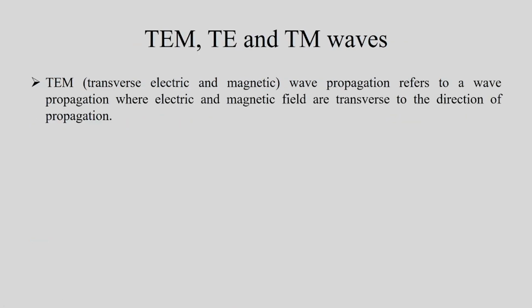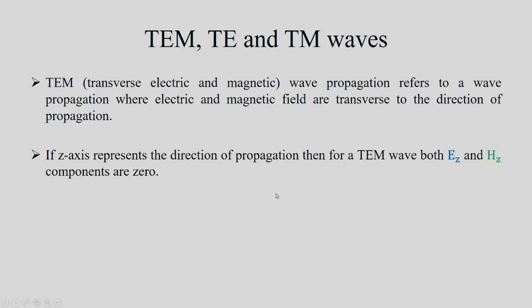Now, TEM or transverse electromagnetic wave refers to a wave propagation where electric and magnetic fields are transverse to the direction of propagation. For example, if you consider z axis representing the direction of propagation, then for a TEM wave, both Ez and Hz component will be 0.